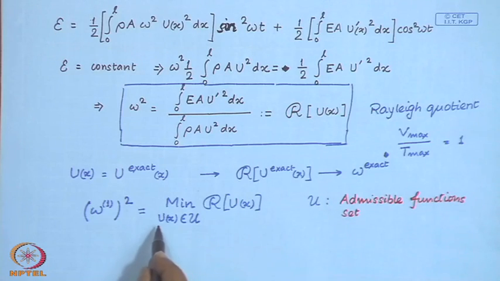So, you must choose the possible eigenfunction from this set of admissible functions. Now, what are admissible functions? This we will come to very soon.